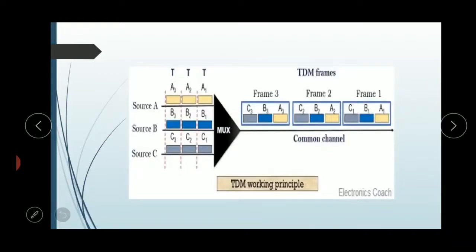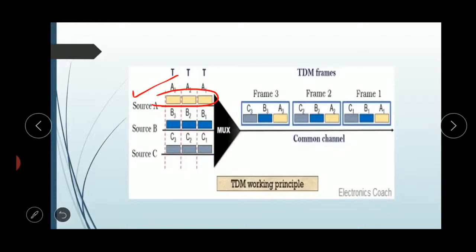In this diagram, sources A, B and C want to transmit data through a common medium. Thus, the signal from the three sources is divided into multiple segments. The signal from source A is divided into three segments like this, and similarly source B and source C, meaning one complete signal is divided into three segments.